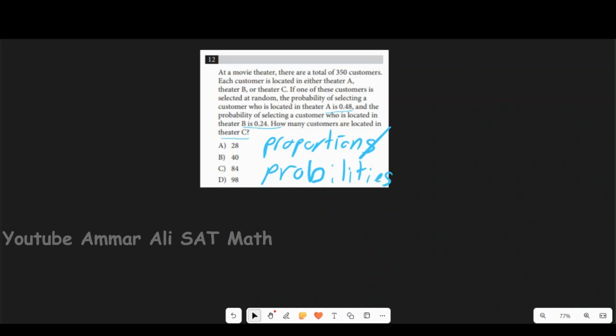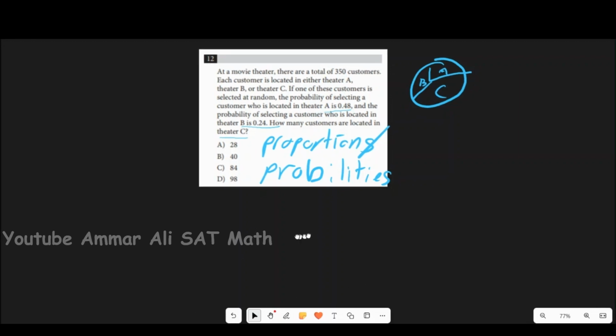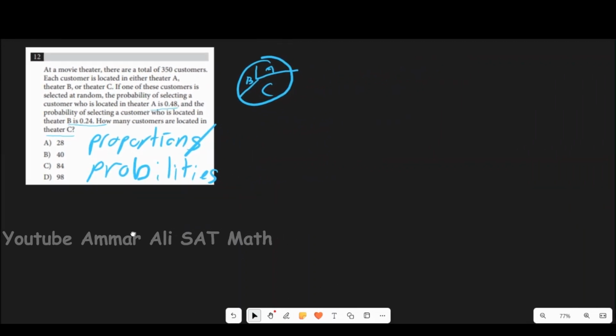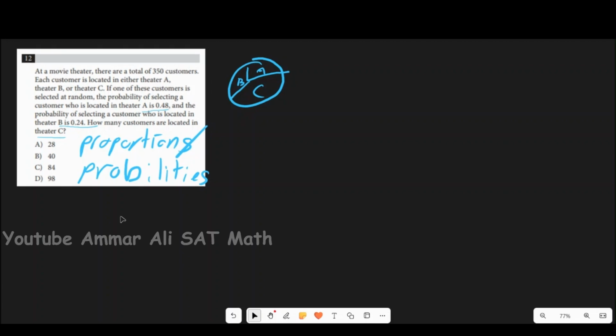Well, you can think of proportions like a pie with different parts, maybe that is our A and this would be our B. So that would be called proportions. For this problem we're going to use the two terms kind of interchangeably, but you'll see what I mean.